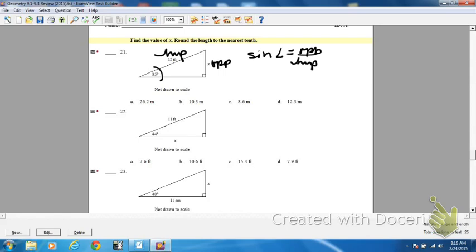Number 21 is C, 8.6. 22, you've got adjacent side and a hypotenuse, so that's going to be cosine of the angle is adjacent over hypotenuse. Now for 21 and 22, we're not finding angles, we're finding sides, so you don't do the inverse sine for those. Number 22 is D.